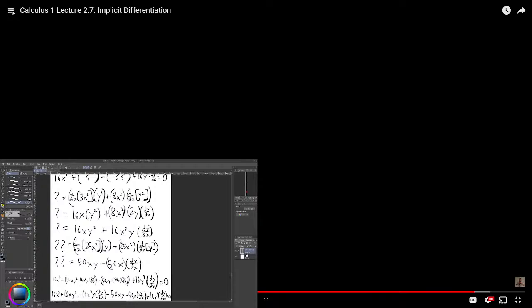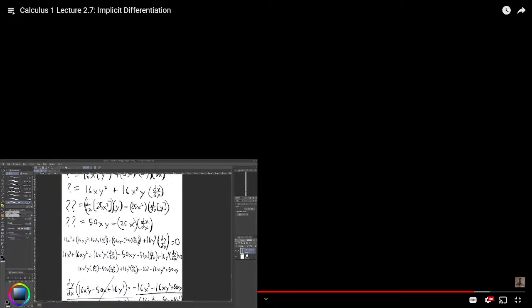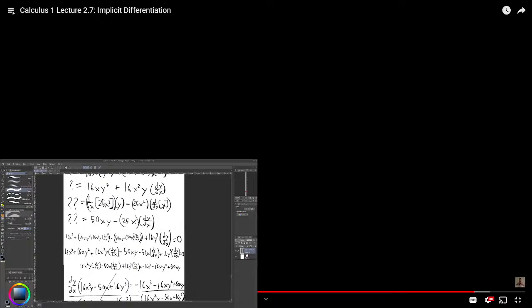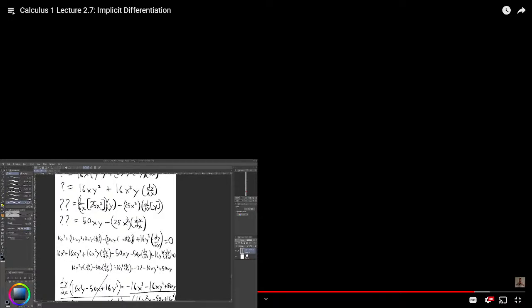So I got 16xy squared. Wait, no. Take the derivative of 25x squared. 50x times y minus 25x squared. I took the derivative of that. Yeah. That messes up part of my problem. X squared.